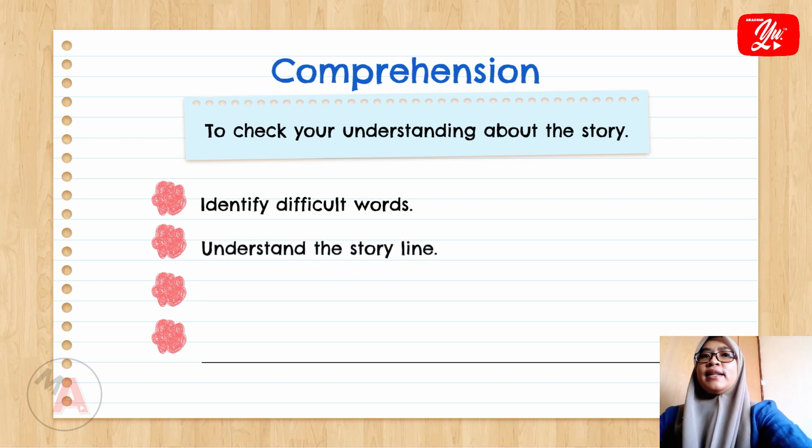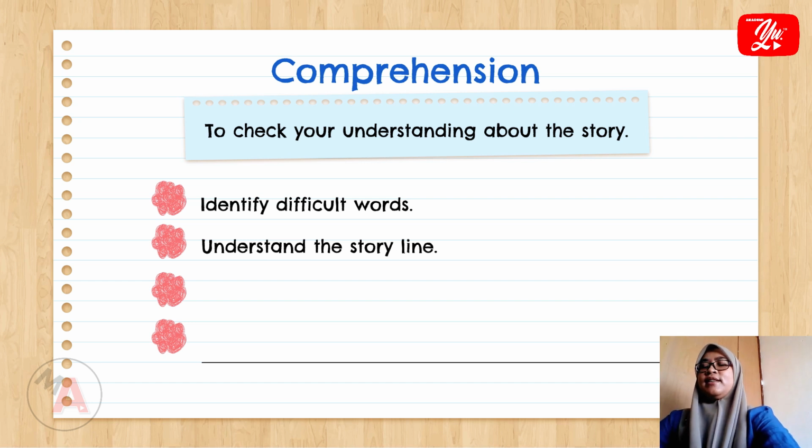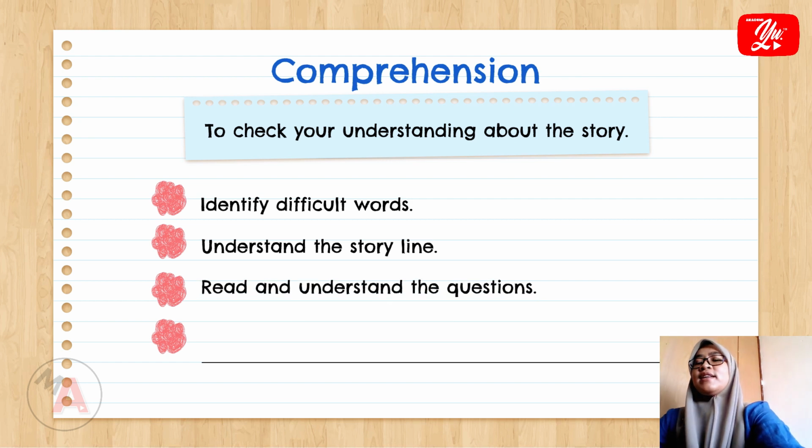Number two, understand the storyline. So tadi teacher dah baca and then teacher dah ceritakan sedikit secara ringkas dalam bahasa Melayu supaya kamu boleh faham cerita tu tentang apa. So try to understand the storyline. And then next, read and understand the questions. In our previous lesson, I have introduced to you what are the 5W and 1H. Okay, so hopefully you can still remember what are those words.